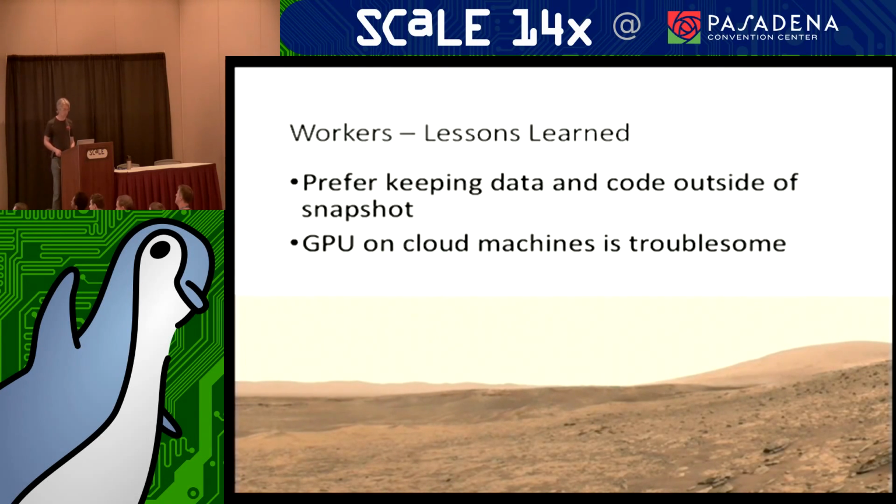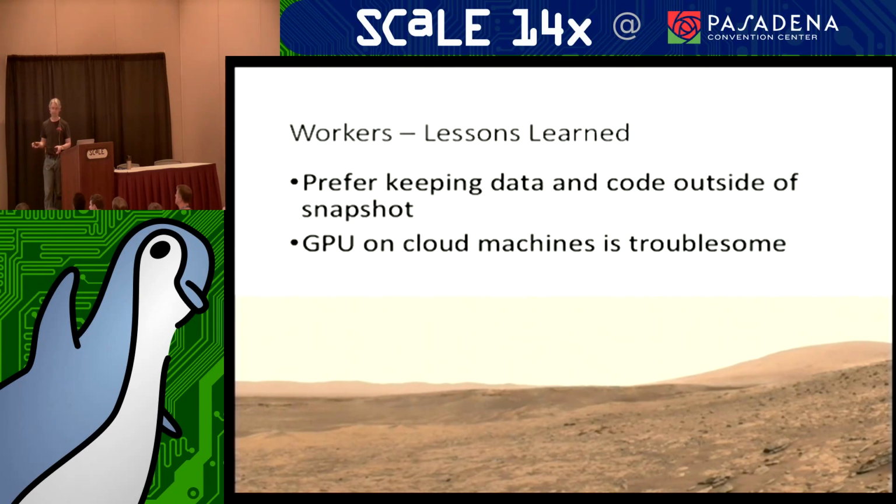So in setting up the system, there were a couple things that we learned. One thing that we like to do is to keep the workers basically as dumb as possible. We create and destroy these things all the time, and we do have to install a lot of software on them, and it's a manual process to do that.